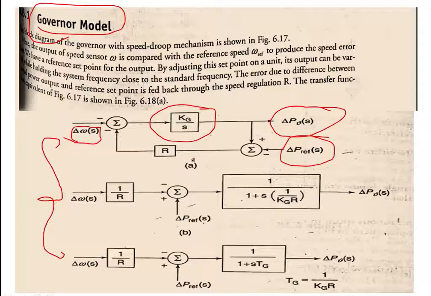And R is considered as feedback element or regulating characteristics, or we can call it droop. So the same block diagram we can rewrite: this regulating characteristics 1 by R is shifted to here after the summing block. So this summing block we can keep as it is, delta P reference. So this is the path we have to consider here.